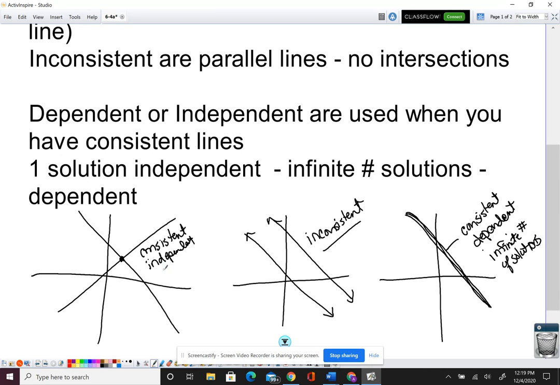Let's go back. This only has one solution. And the inconsistent has 0 solutions.